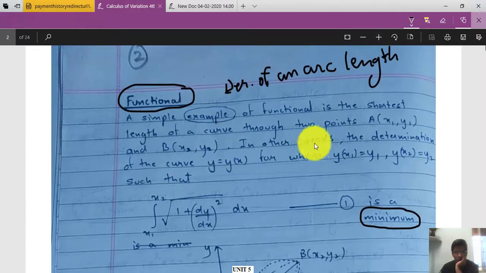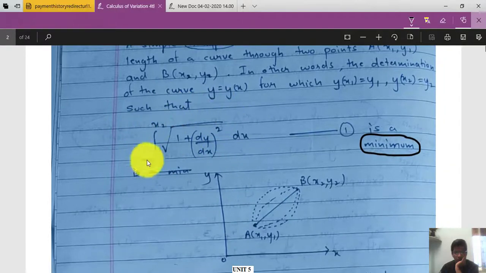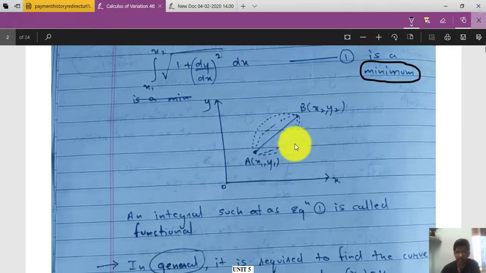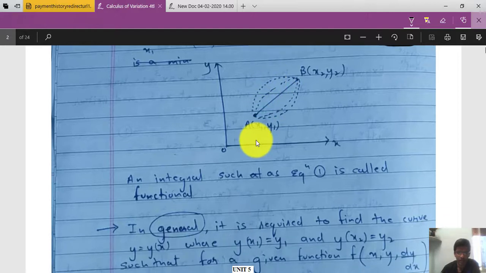So what I need to find is the shortest distance, which is given by the integral from x1 to x2 of square root of 1 plus dy by dx the whole square dx, right? And for which the value is minimum. So this is the geometrical interpretation.